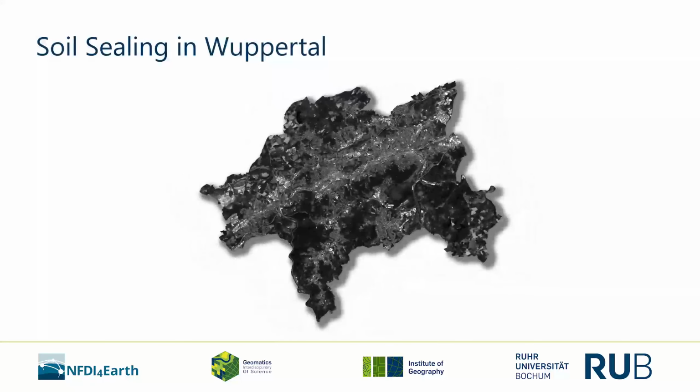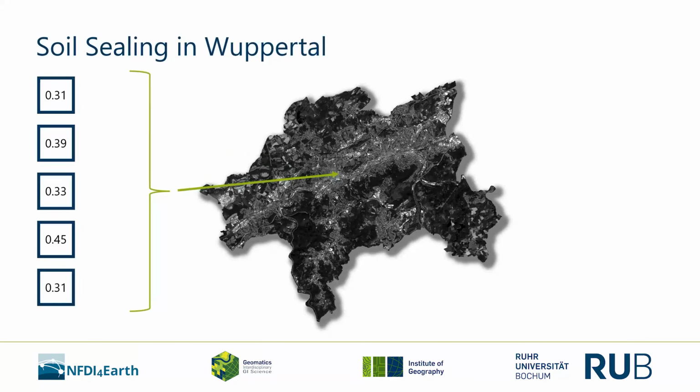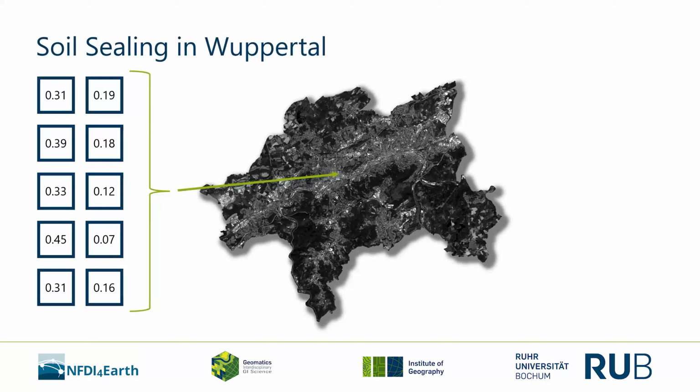The fact that we have 10 channels means that we do not only have 1 measurement per pixel position, but we actually have 10 measurements. So what we are going to do in this hands-on lesson is to make a pixel-based classification with the help of an artificial neural network, to take those 10 measurements and predict whether the pixel is artificially sealed or not. And of course, we are not only going to do that for this specific pixel, but for all pixels in our dataset. So let's go to our programming environment.